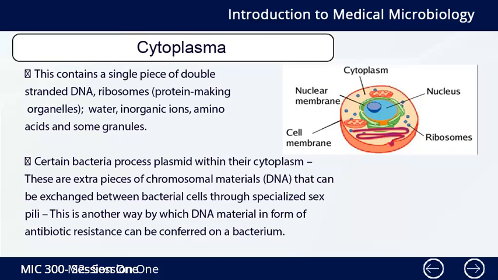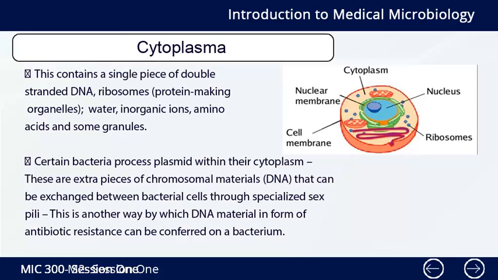Number 5, cytoplasm. This contains a single piece of double-stranded DNA, ribosomes, that is, protein-making organelles, water, inorganic ions, amino acids, and some granules. Also, certain bacteria possess plasmids within their cytoplasm.